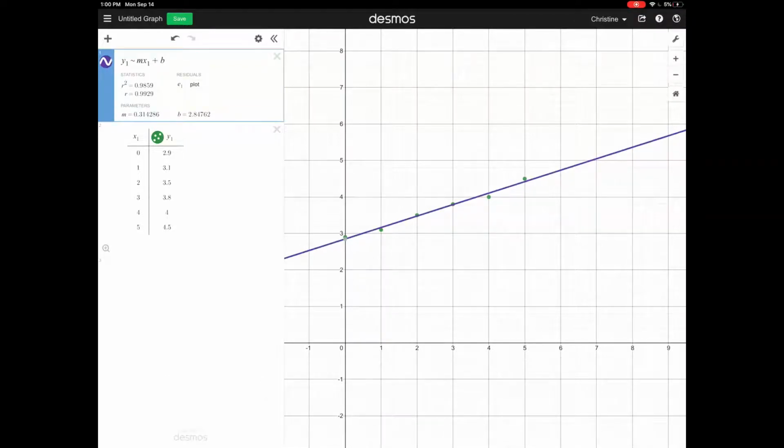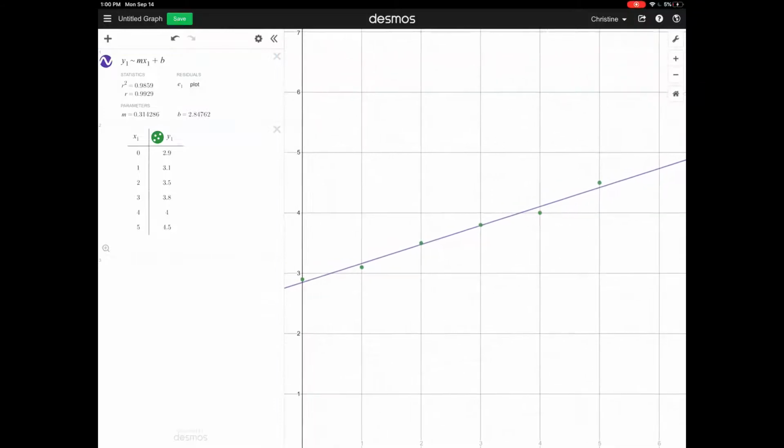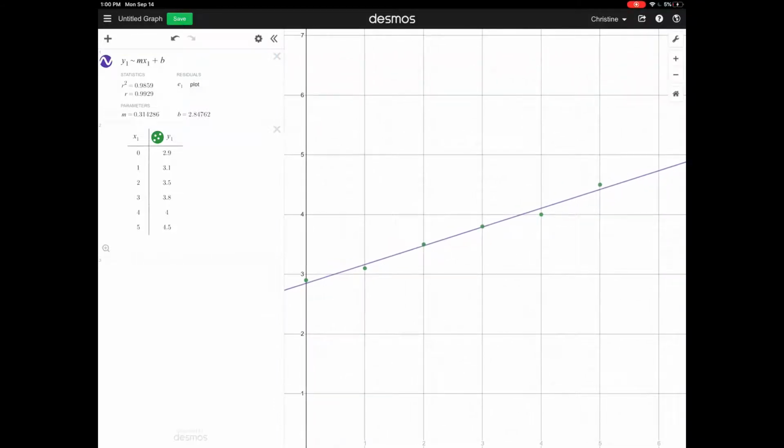I'm moving it around a little bit so you can see it up there in the top left corner. You can see in the statistics that it's giving you your R squared, your correlation coefficient squared, and your correlation coefficient, which is 0.9929. That is a super strong positive correlation. So you can see on the graph here that that's really a strong linear model. So a linear model is a great idea for modeling this data and making predictions.